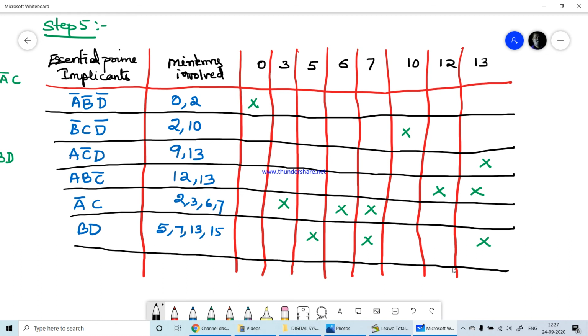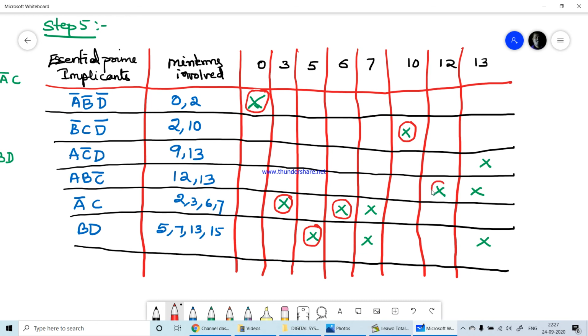Now our job is to put a circle for those columns which have only one cross mark. That is my next job. So I'll put a circle here, and for this, and for this, which is again single, and again this is single in this column, and again this is single in this column.